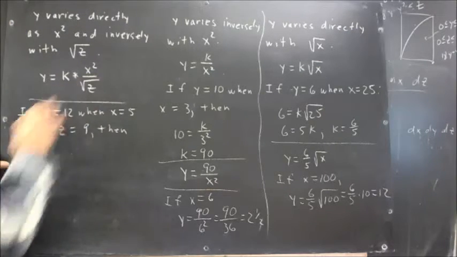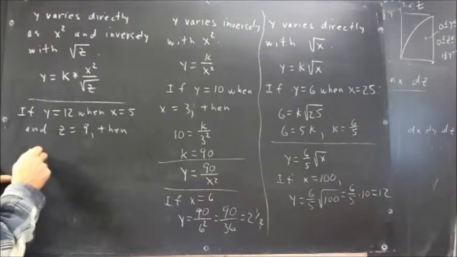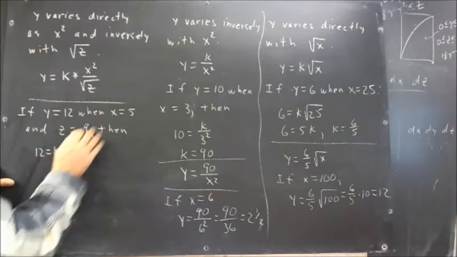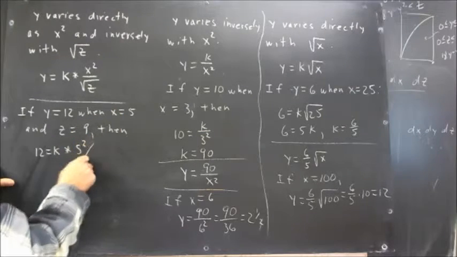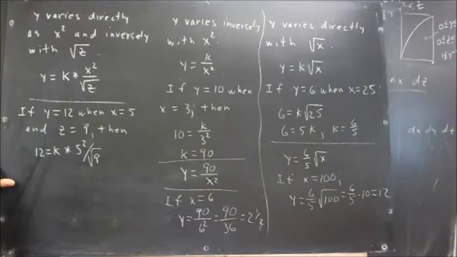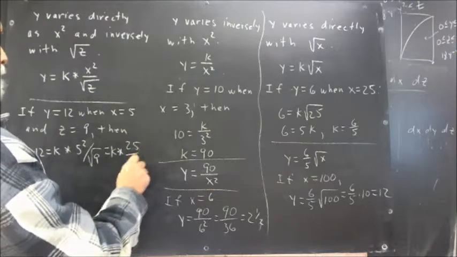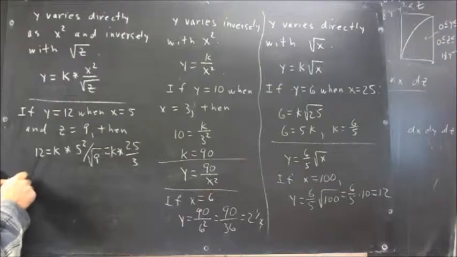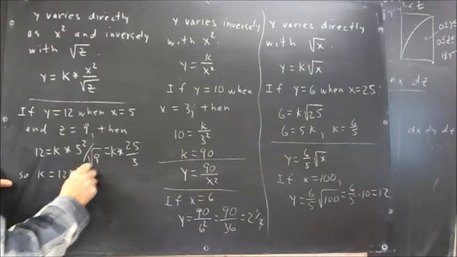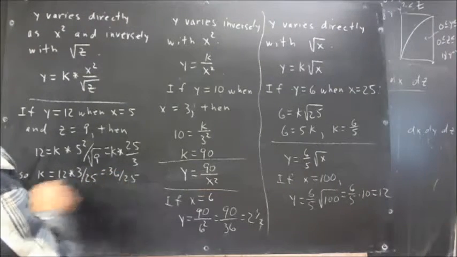Okay, well, I'm going to just plug what we know in here. We've got a value of y, a value of x, and a value of z, so we can say, okay, well, y is 12, that's equal to k times x squared, x is 5, that's 5 squared, divided by the square root of z, which is the square root of 9, and that's going to equal k times 25 over 3, so that k equals 12 times 3 over 25, which is 36 over 25.